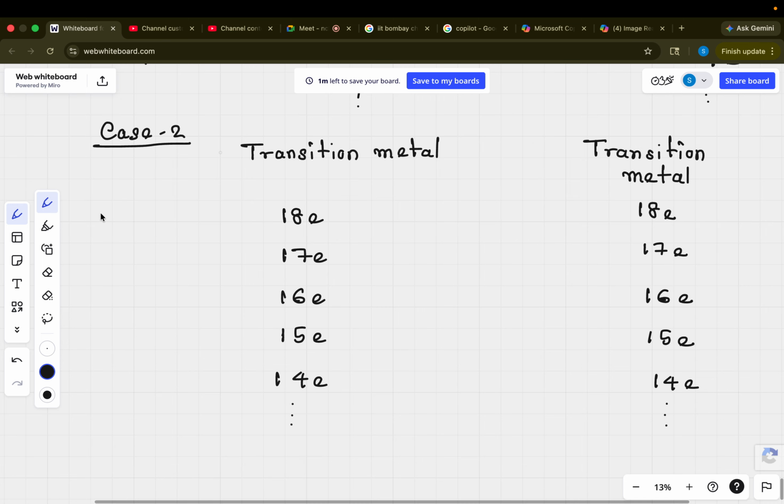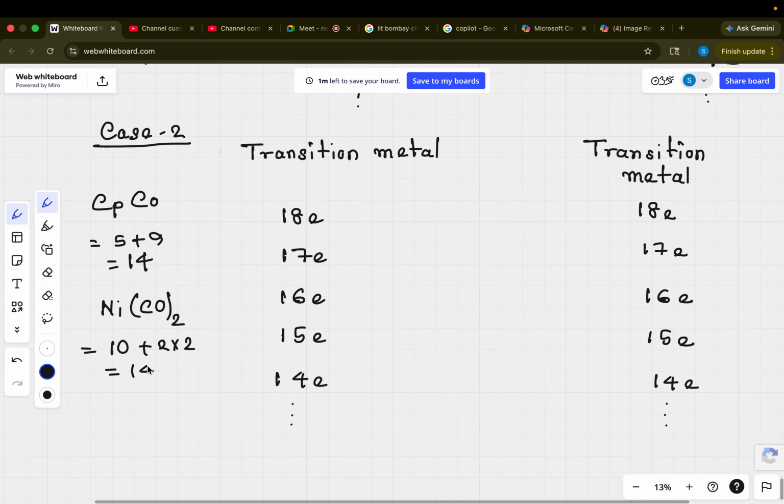So for example, suppose you have a CpCo unit. For cyclopentadienyl you have 5 electrons, and for cobalt you have 9 electrons. If I add, we get 14 electrons, right? If I have Ni(CO)2, then nickel gives 10 electrons, and from the carbonyls you also get 4.